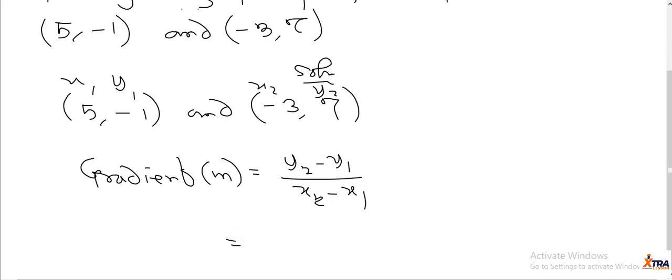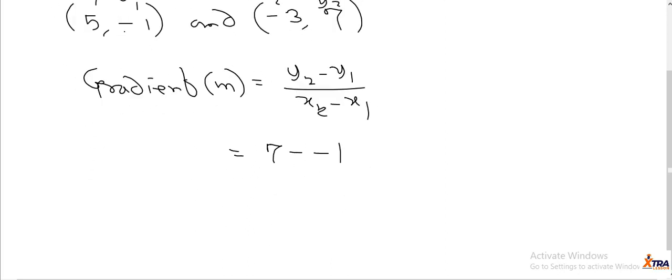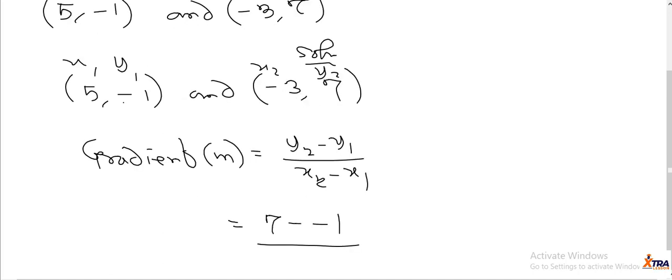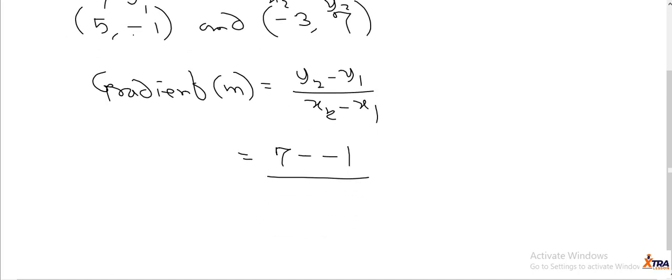We have y2 equals 7, minus y1, which is minus 1, so we are having 7 minus 1 over x2, we have -3, minus x1, x1 is 5.